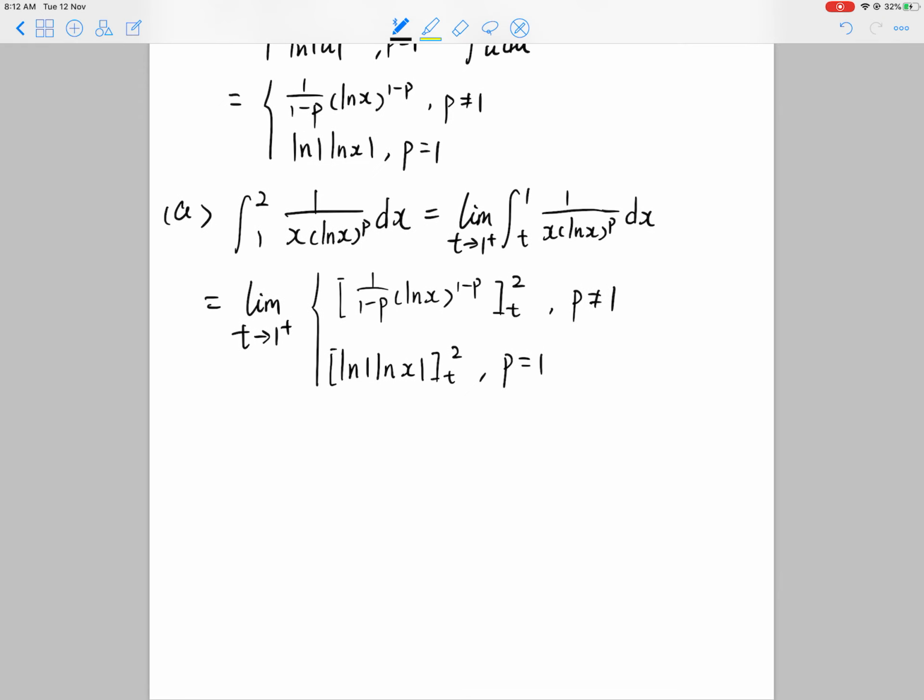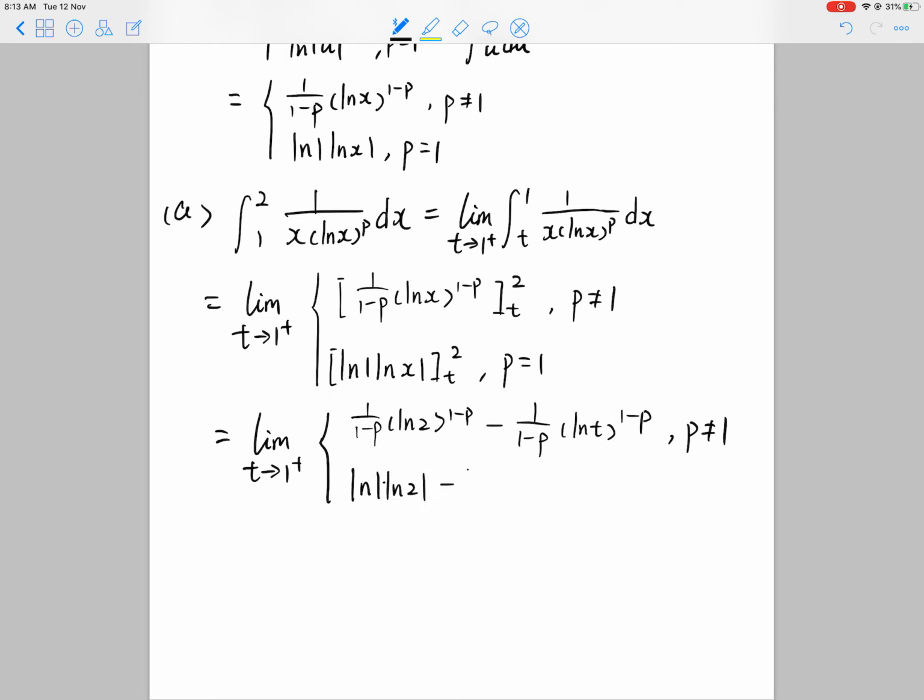So we just have to expand it. So the first one, when it is 2, right, when it is t, when p is not 1. The second part, it's just log 2 minus log t.